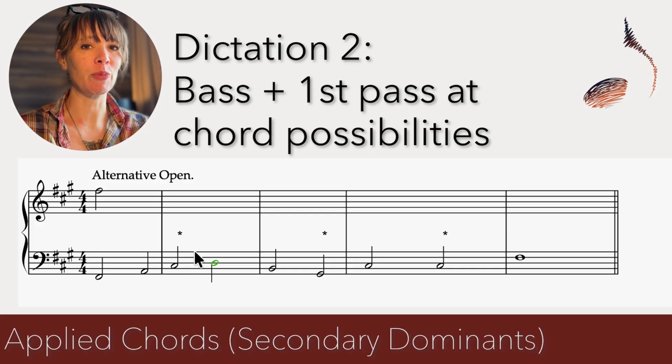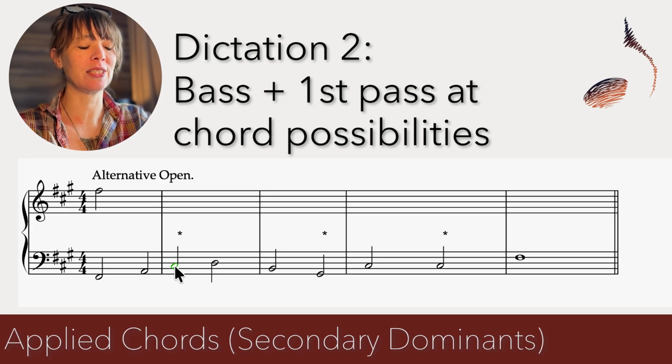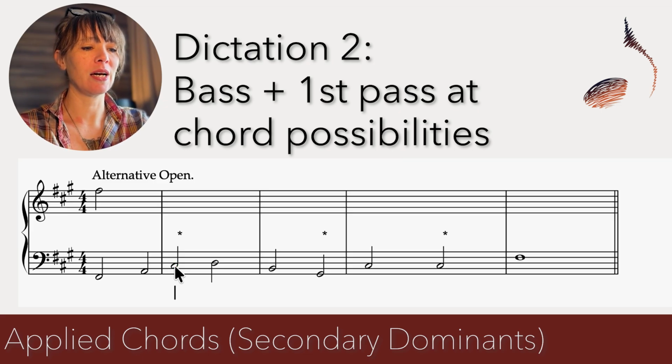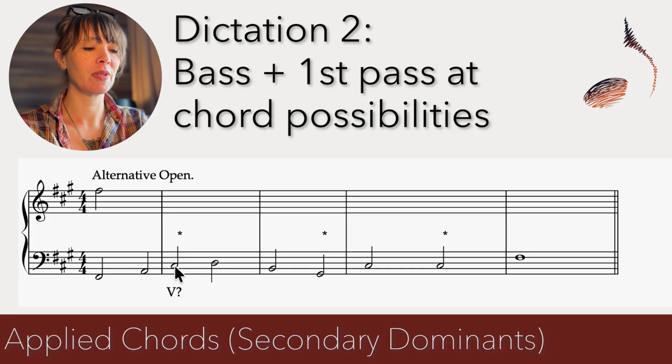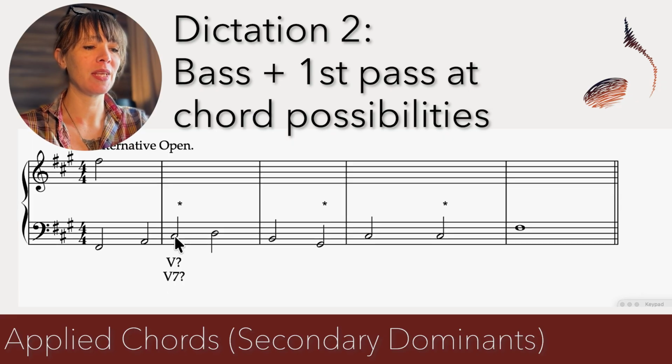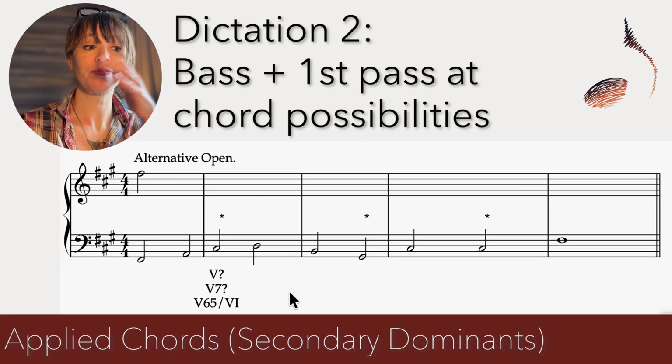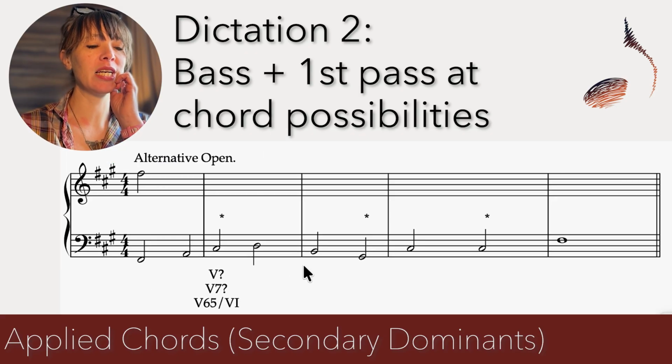And if we put that in first inversion, what would be in the bass? C sharp. So we've got some options here. Like I just spelled out, this could be a 5, it could be a 5/7, or it could be Crazy Town 5/6/5 of 6. Nuts.